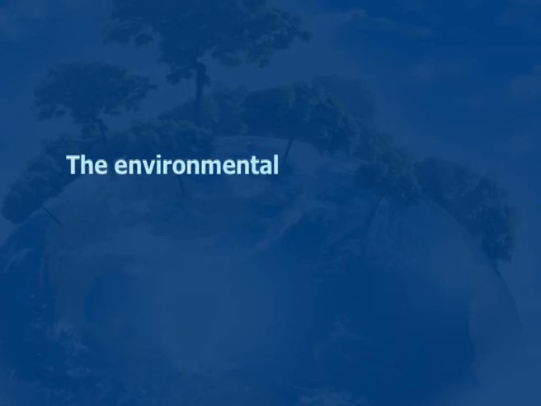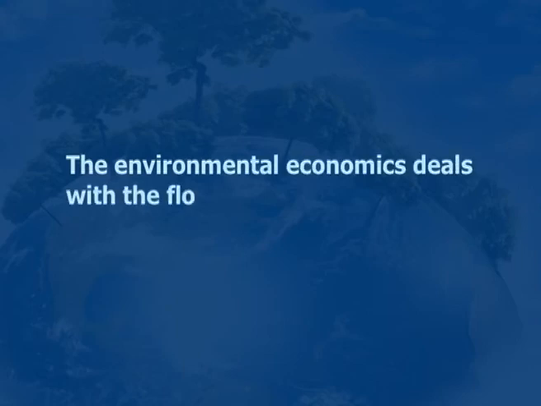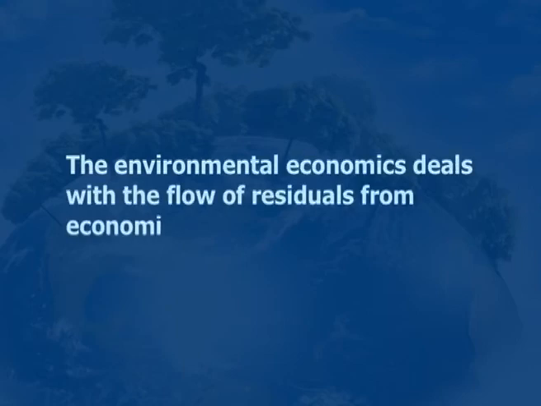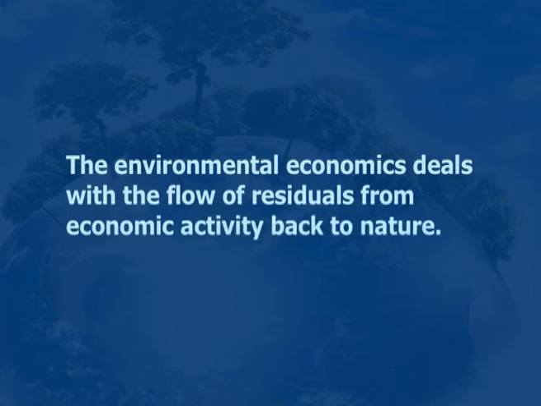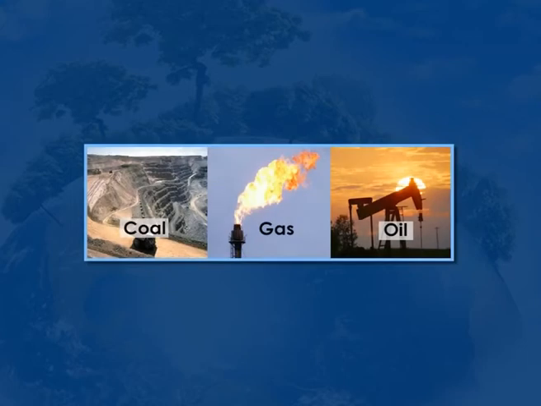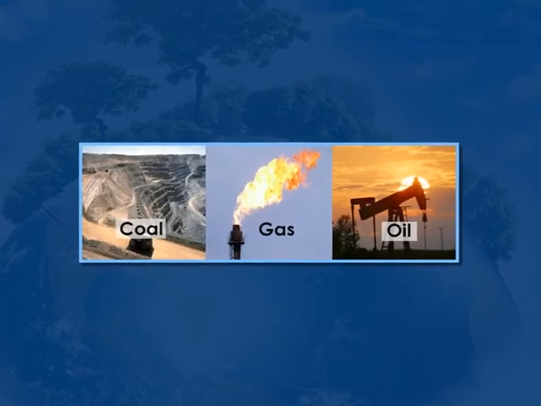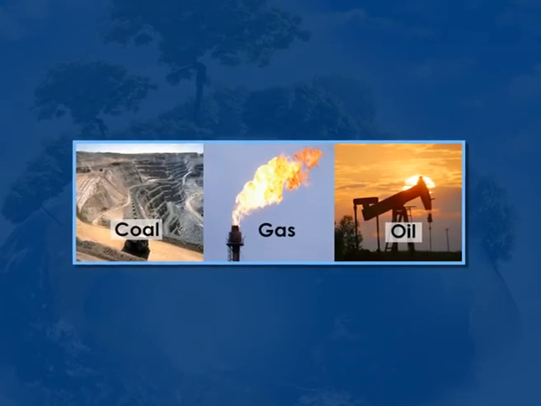Environmental economics deals with the flow of residuals from economic activity back to nature. What are these residuals that explain environmental economics? They are the gases released into the atmosphere, though most of them may not be harmful because of the assimilative capacity of the environment, that is, gases released by the use of oil, coal and natural gas.